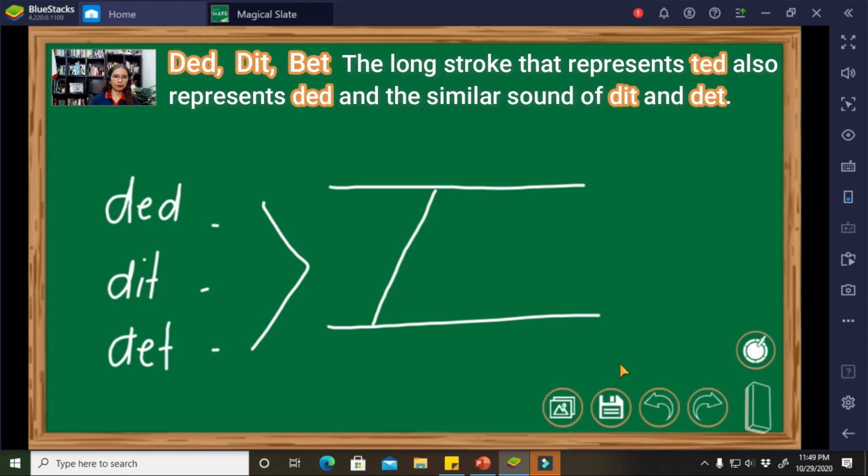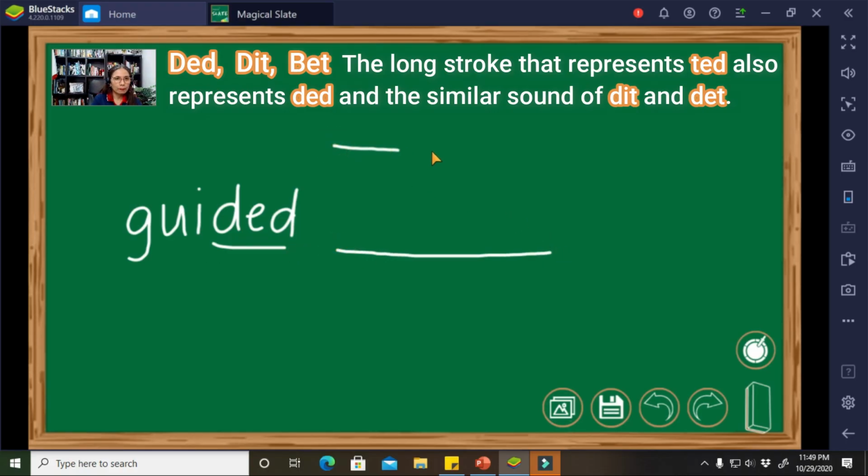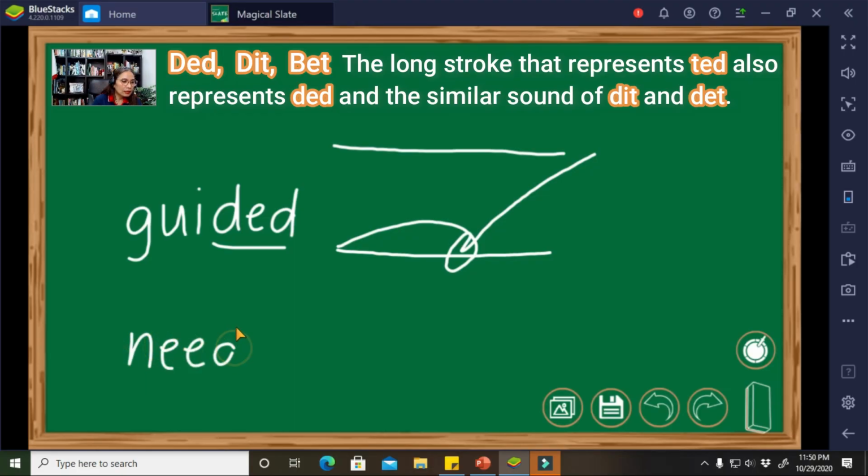Same symbol. Example: we have the word "guided." So this is dead. We have to identify the sounds. Gay, a broken circle, and this is your guide. Once that is past tense, a straight line there, that is guided. Next, we have the word "needed."